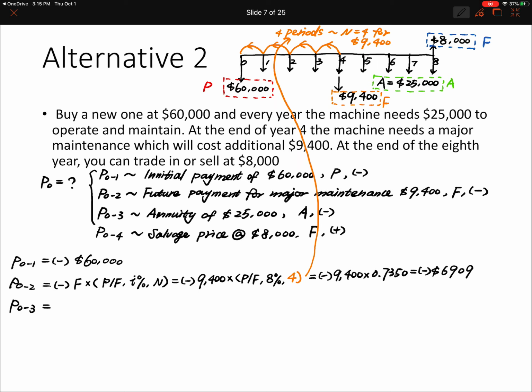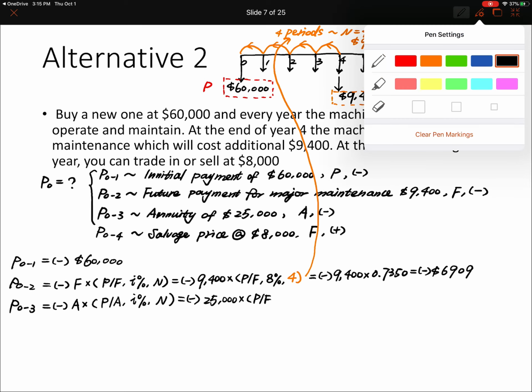Then let's calculate the P0 from the annuity. Okay, so still it's negative. You're looking for present value given annuity, so the equation is A times a factor, find the P given A, i%, N. It's negative. A is 25,000.